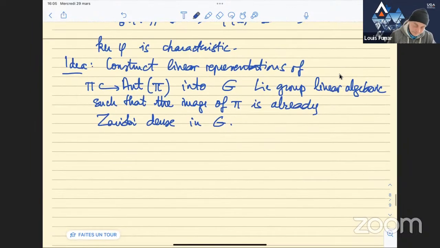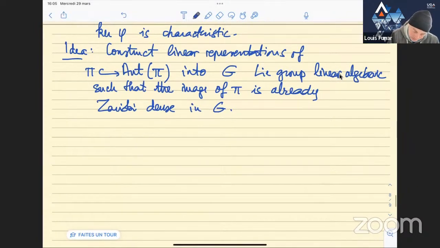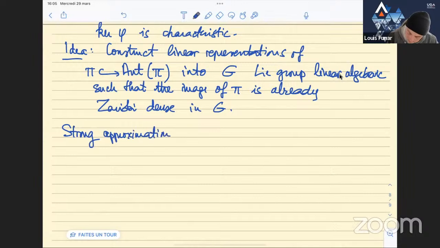Why is this enough? We have two very interesting classical theorems in representation theory and the theory of linear algebraic groups. The two theorems are more or less equivalent, but there are two ways to state them. Let me start with the first one, which is over the rationals. That's the so-called strong approximation theorem in the version given by Nori in the 90s.